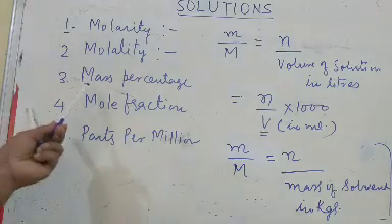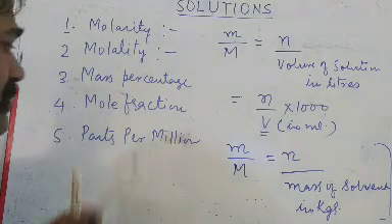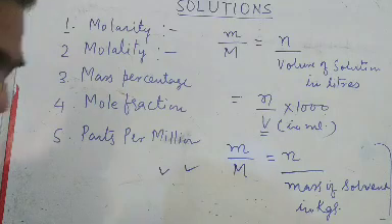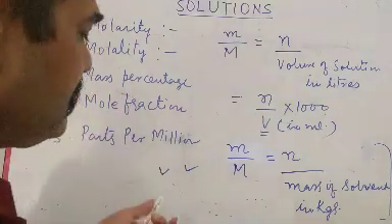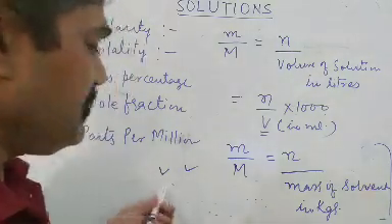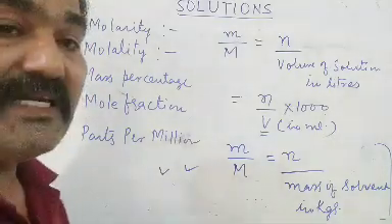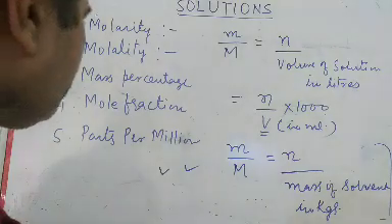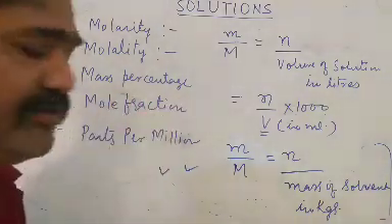Next term, mass percentage, very simple. Generally here we will discuss binary solutions. In a binary solution there are two components. One component, taken in less quantity, is called the solute, and the second component, generally taken in large quantity, is the solvent. Suppose we are going to find the mass percentage of the solute.